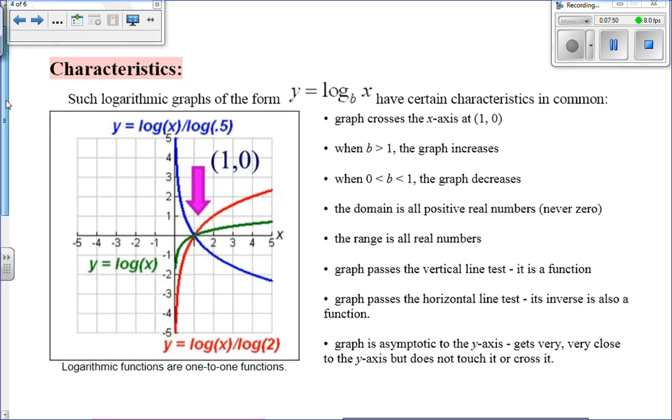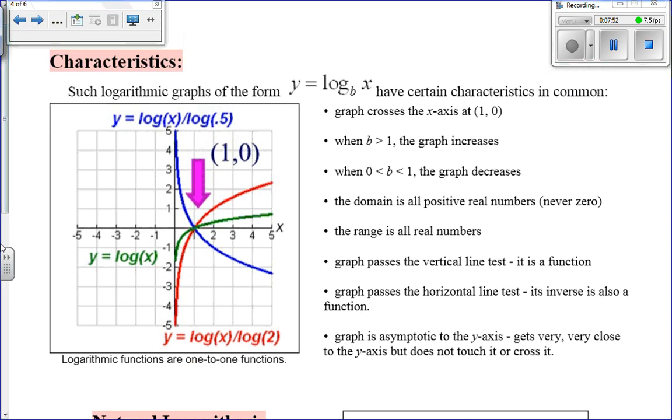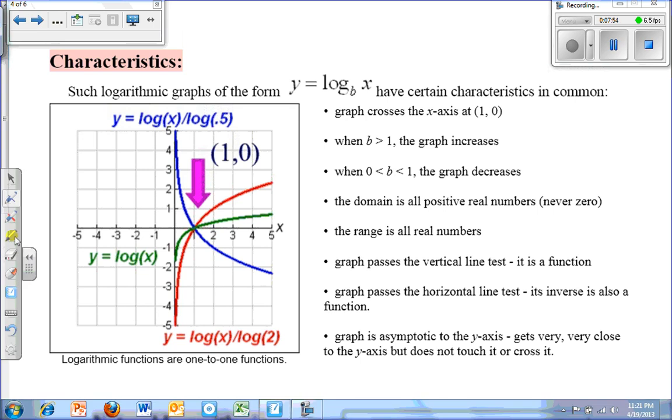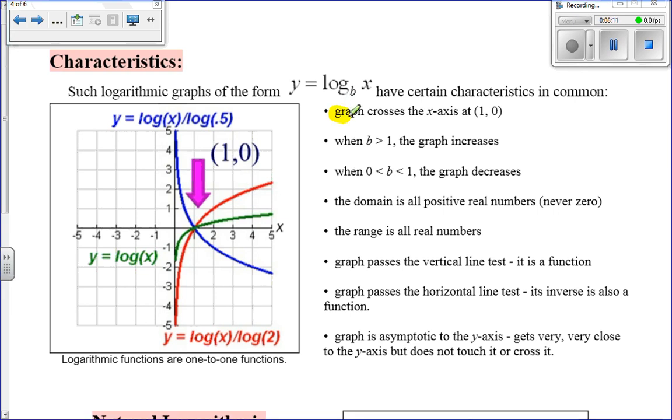Some characteristics of the graph. We are in the form of log base b of x, and there are certain things that will happen. The graph crosses the x-axis at (1, 0).